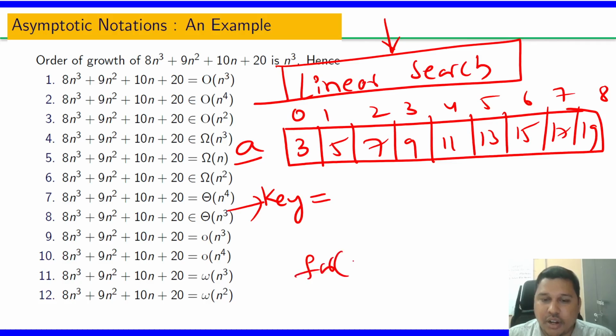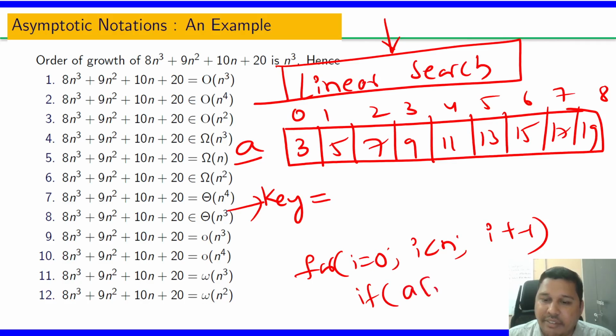For i equal to 0, i less than n, the size of the array, i plus plus, you write: if A of i is equal to key, the element is found. I hope you are aware of this linear search logic: finding out whether the given key is available in the array or not.